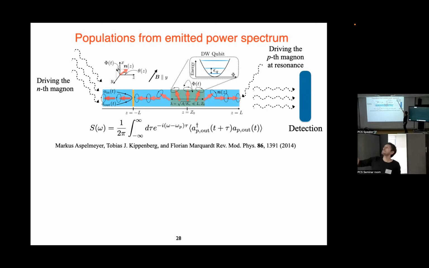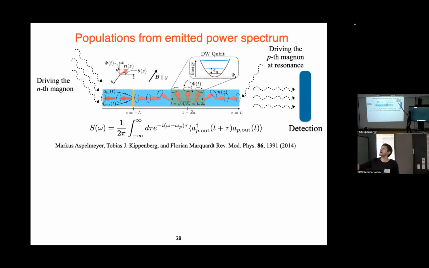And now the idea, again from cavity optomechanics, is to drive the second mode, for example. Let's say N is the first magnon mode, the uniform mode, and P is the second mode. You can do it if they are well separated.